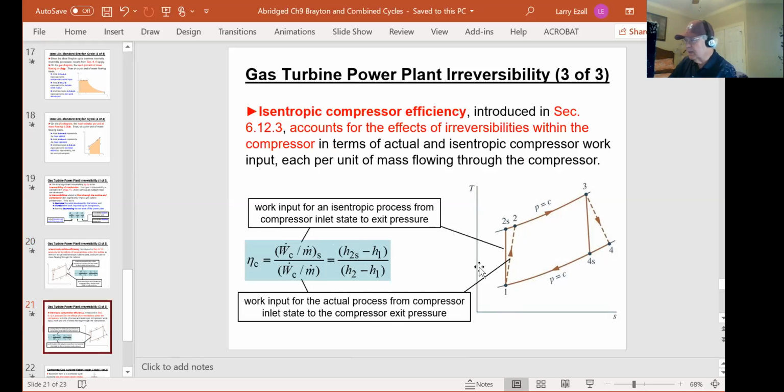Let's see. No, I said that wrong. The work, if we apply the first law equation, we'll have m dot times H2, which is coming out, minus H1, which is going in, equal to minus W. If we solve for plus W, we end up with m dot times H1 minus H2, not H2 minus H1 as he's got.